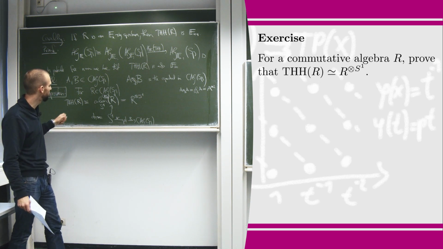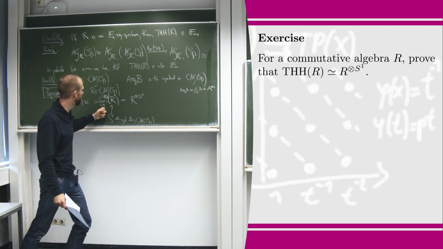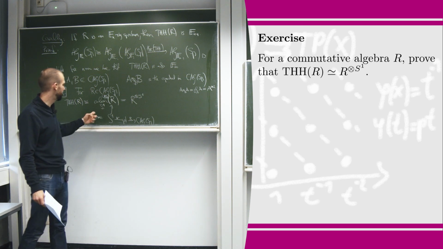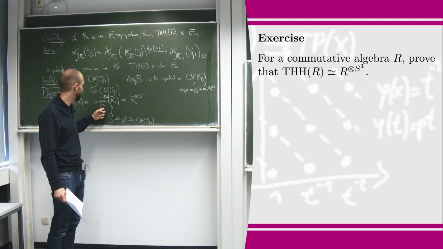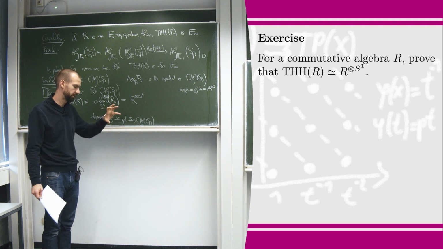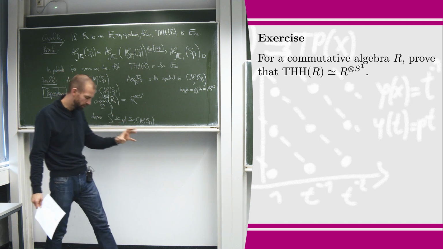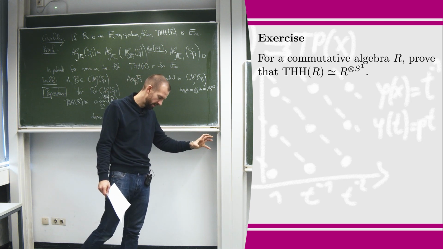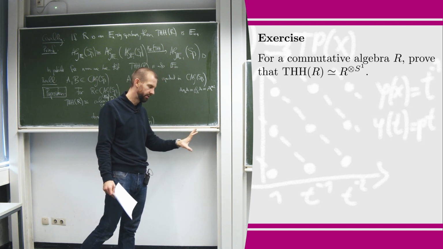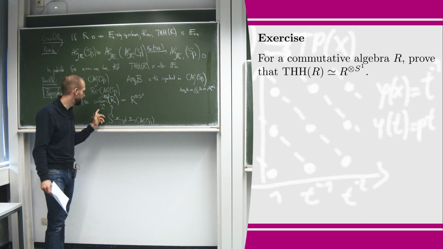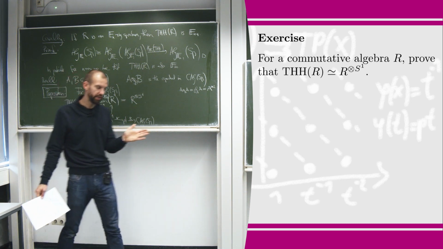The first way would be to take this formula and use a cell decomposition of S1. There's a description of S1 as a simplicial object which has a single n cell in every, possibly degenerate, but has exactly n plus 1 n simplices.